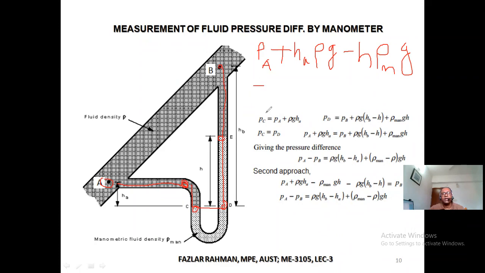This height, HB minus H. So you can say HB minus H rho G. So now you are at point B, right? So this equals the pressure at point B. Then you just figure out PA minus PB or PB minus PA. In this case, the fluid is moving along this direction, so PA will be higher, okay?